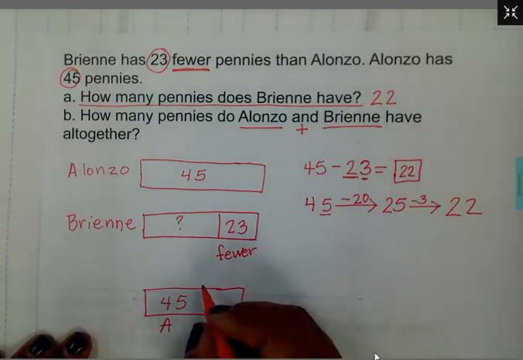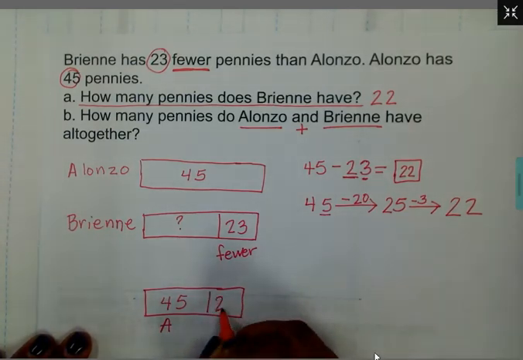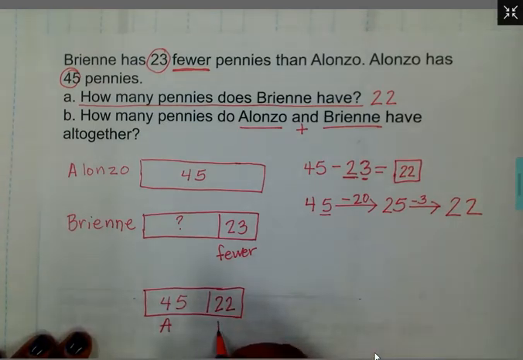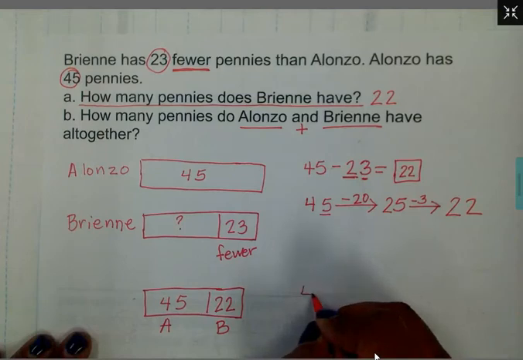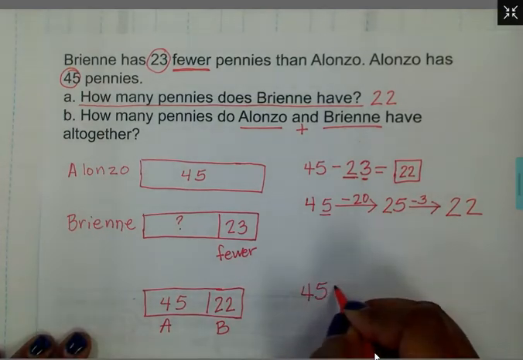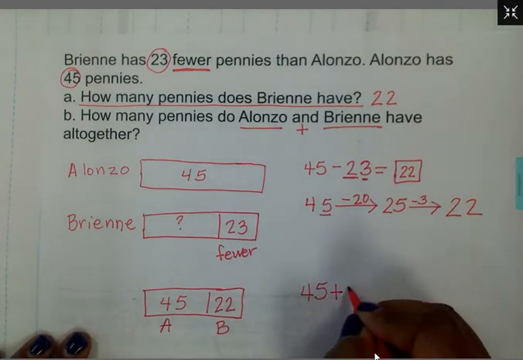And 22, that is how many Brienne has. Okay. The problem is 45 plus 22.